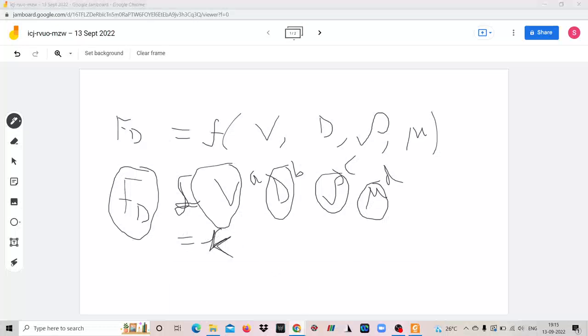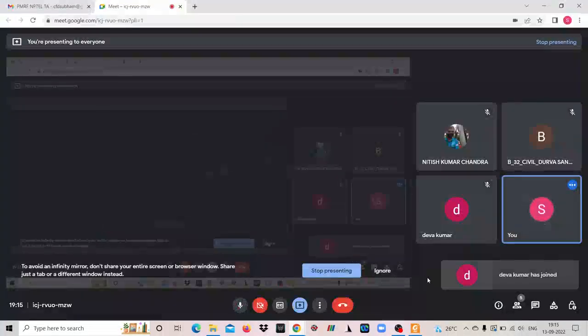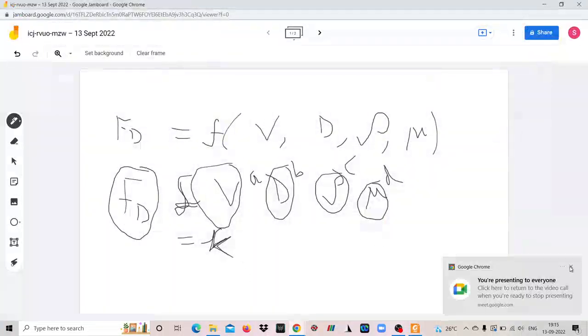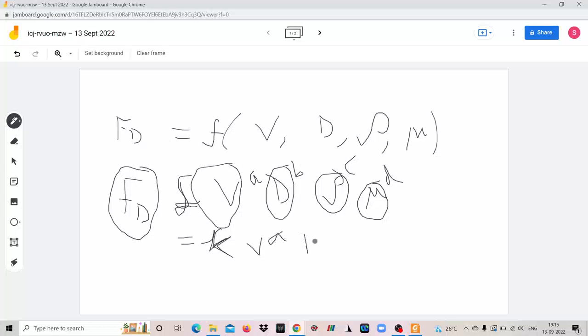So Fd is equal to k v raised to the power of a, d raised to the power of b, rho raised to the power of c, mu raised to the power of d.